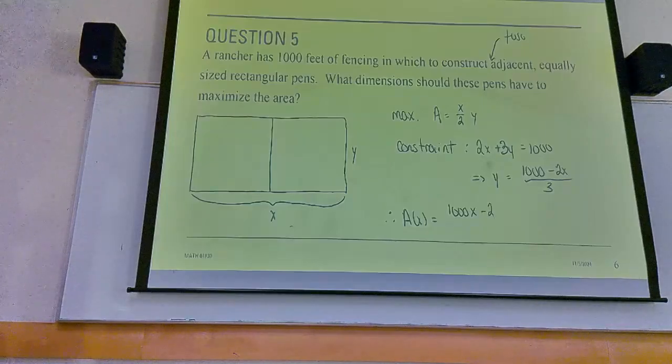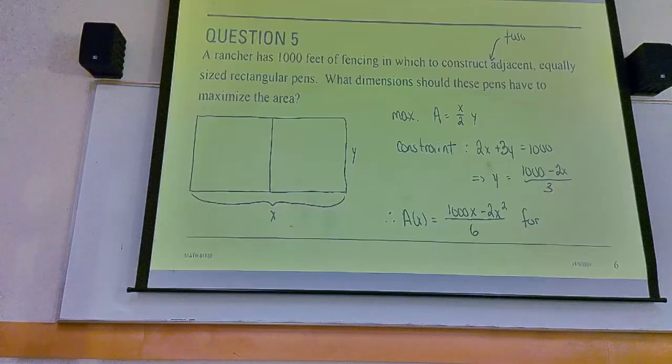Yes, it would. What's the domain? Between 0 and 1,000, because we only have 1,000 we can work with, right?